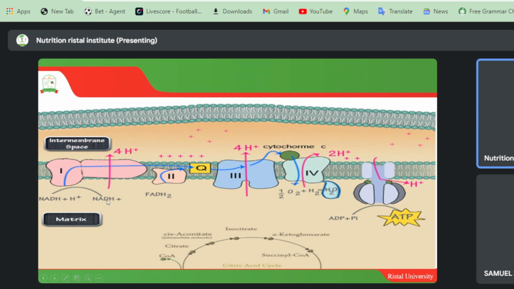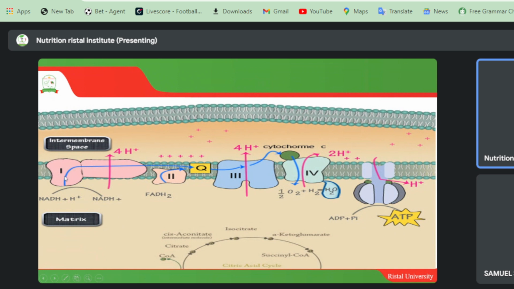Right here, on the left hand side of this screen, we have complex 1 with Roman numeral 1, a pink one, having the NAD that has been oxidized into NADH. What happened here is that it releases this hydrogen. On releasing hydrogen, it gives away electrons to this complex 1.